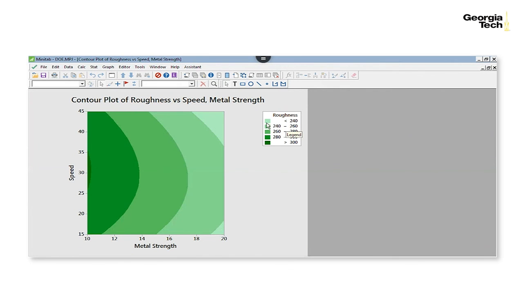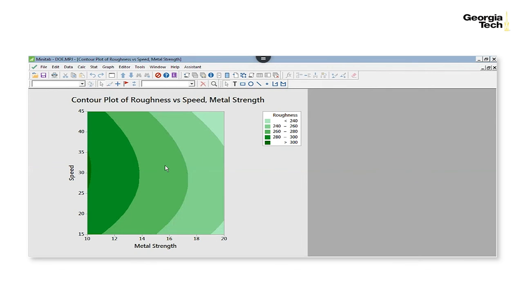So if I want to minimize roughness, definitely I would go with this lighter green area. So I need to have metal strength around 20 and speed around 40 to 45. The areas with the same colors have more or less the same value.